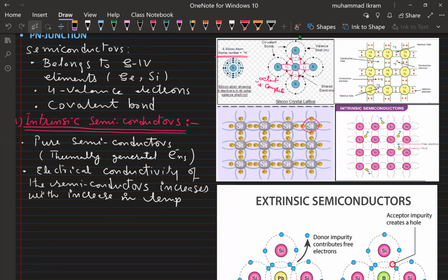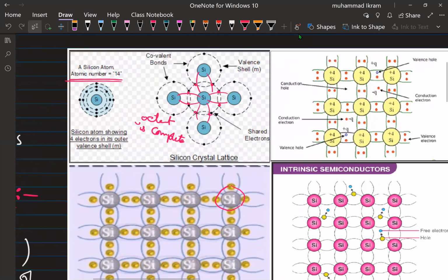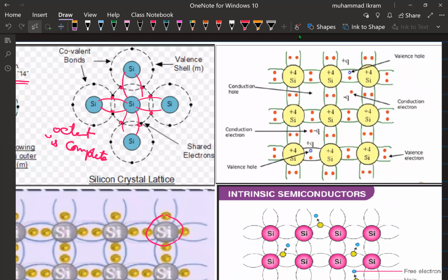Here you see the thermal conduction. When you increase the temperature, the covalent bond structure breaks, and electron-hole pairs are created. The electron moves from its position and can become the source of current, or the current carrier.